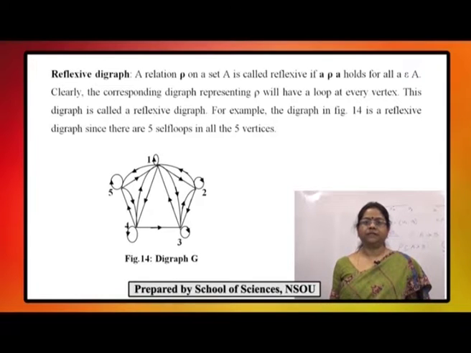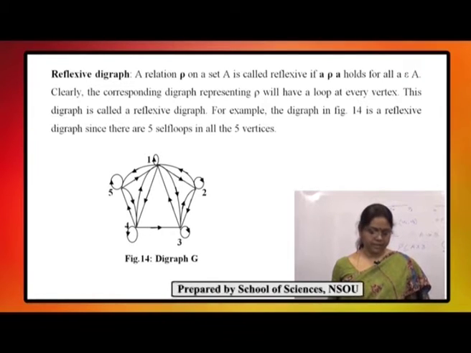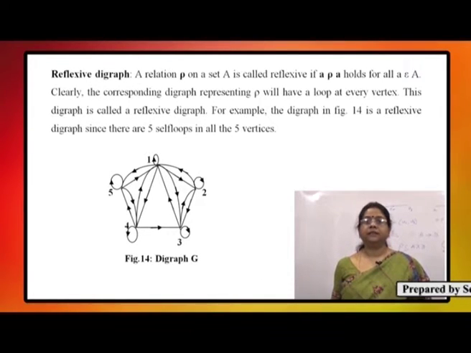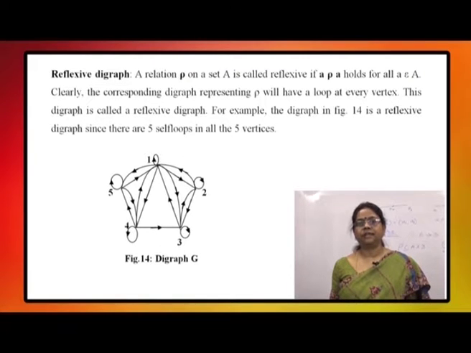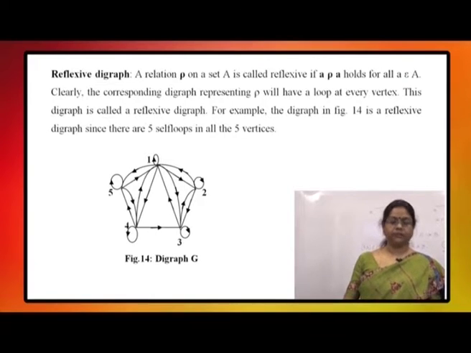This digraph is called a reflexive digraph. For example, the digraph in figure 14 is a reflexive digraph, since we can see that there are 5 vertices, and in each of the vertices we find a self loop. So this is a reflexive digraph.